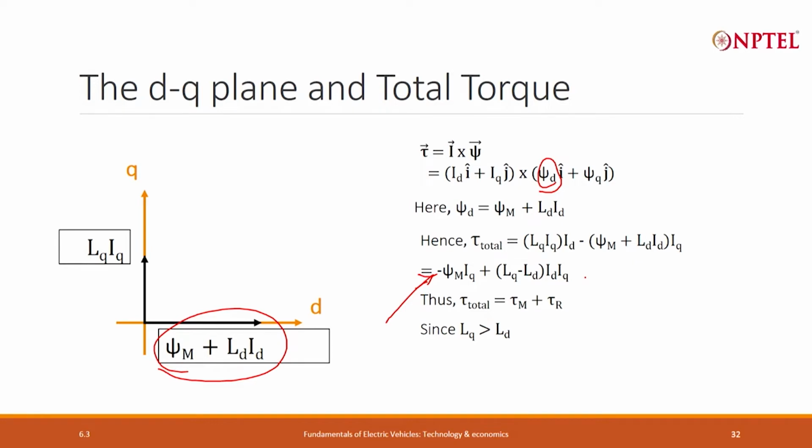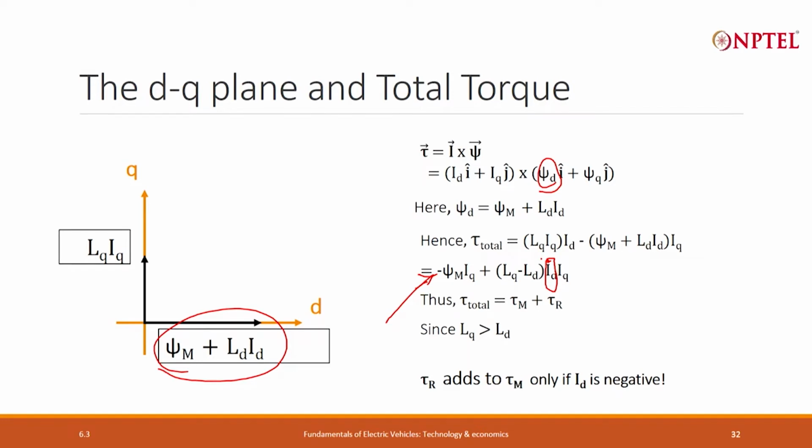I want to change the sign of the second term, which is the reluctance torque, without changing the sign of the first term. So, my only option is this ID. If I make ID alone negative, then the two torques will add up. I will get 13 cakes instead of 12, but if ID is positive, I will get only 11 cakes.